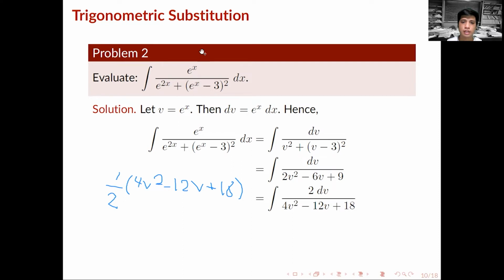And since 18 could be broken down into 9 plus 9, and 9 together with these two terms forms a perfect square, which can be represented as 2v minus 3 squared, we will now obtain this integral.